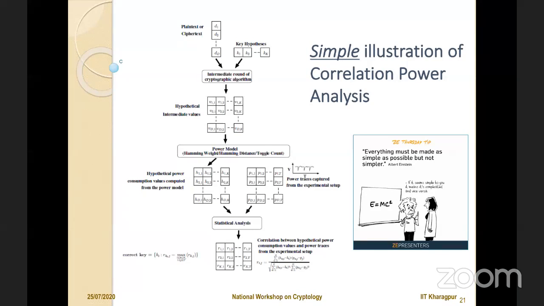But I can engage in a technique called the divide and conquer technique, which means I will not guess the entire 128-bit key at once, because that is simply not possible because of the 2 to the power of 128 possible search space, which is huge.